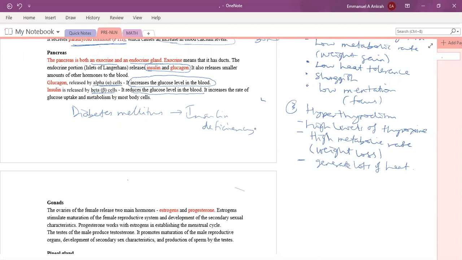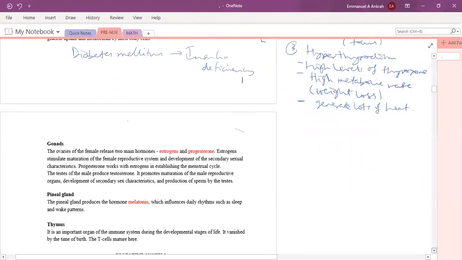It's both endocrine and exocrine, a gland that has both functions. It produces insulin, which reduces the sugar level in the blood, and glucagon, which increases sugar levels in the blood.